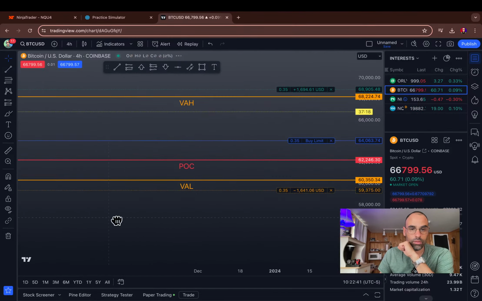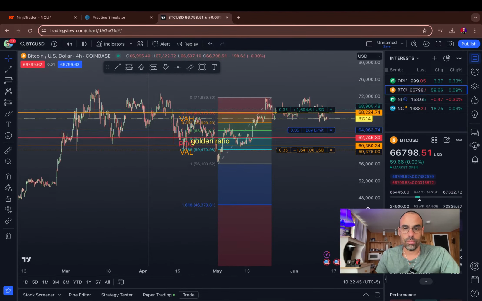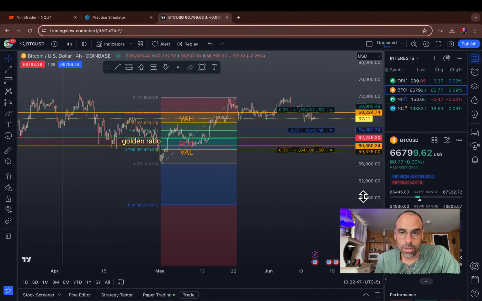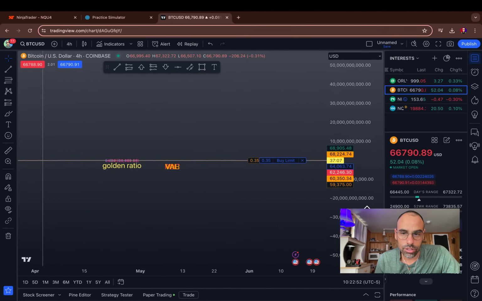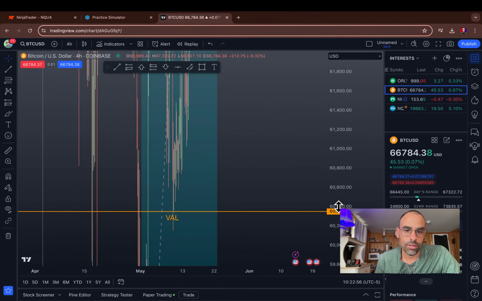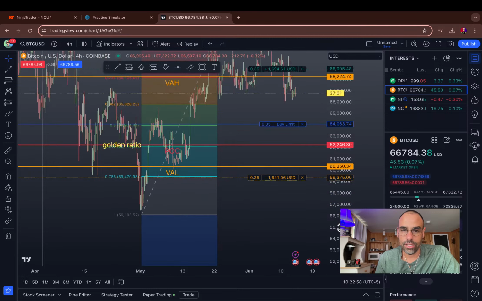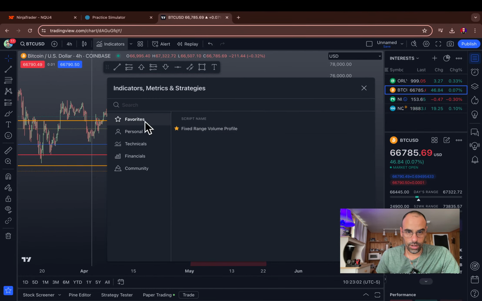Where did it go? The volume profile actually gives you some bars. Maybe it hasn't been done in this chart actually. Yeah, I don't see it. Okay, let's see if we can do a fixed range volume profile.